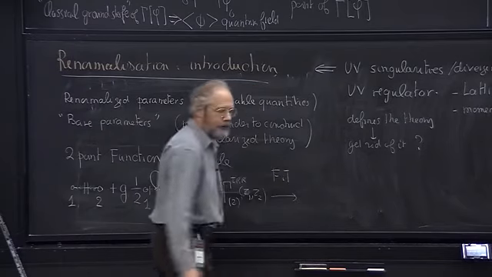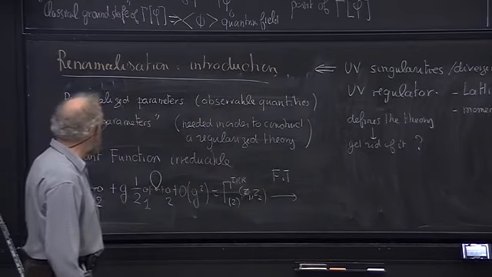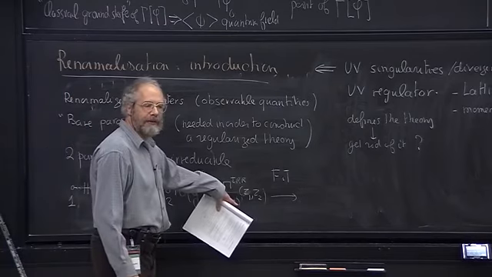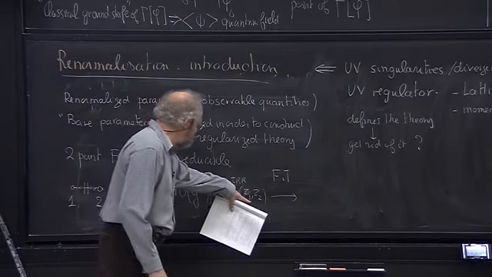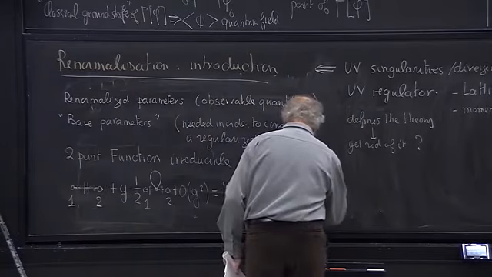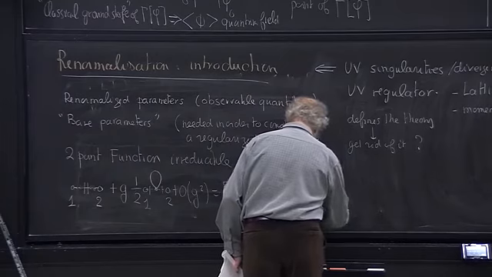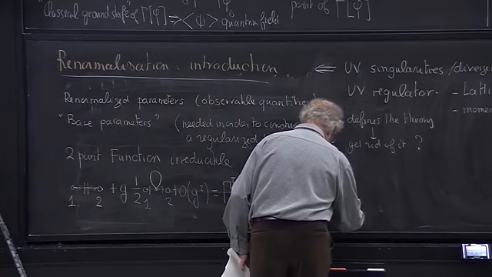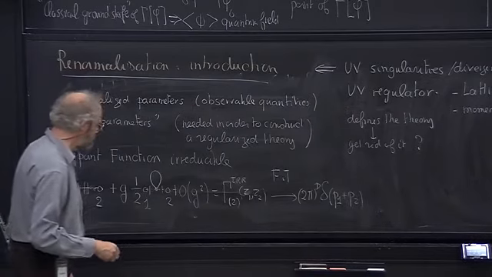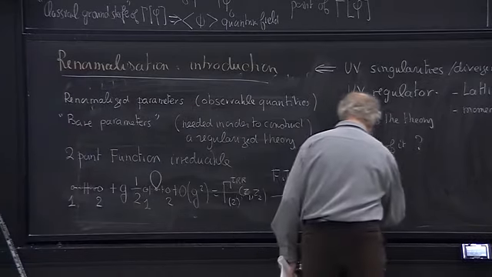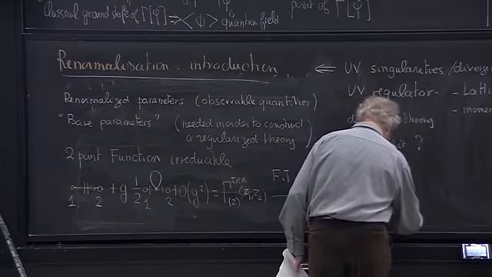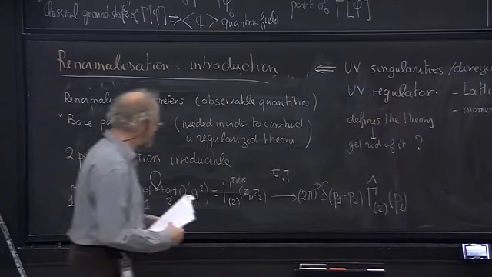Well, as usual, especially if you are interested in high energy physics, you go in momentum space, so you take the Fourier transform of this object. With respect to the 2 points, it's a function of 2 momenta, but because of translation invariance, there is a (2π)^d δ(p1 + p2), if p1 and p2 are the momenta, so it depends only on one momentum, p1.